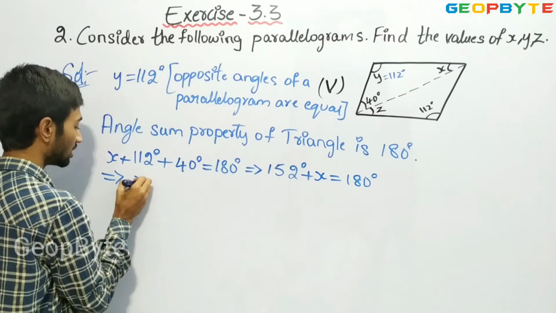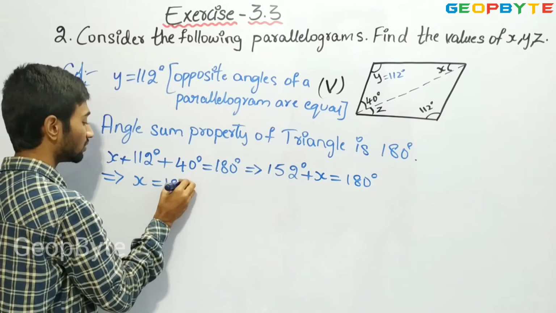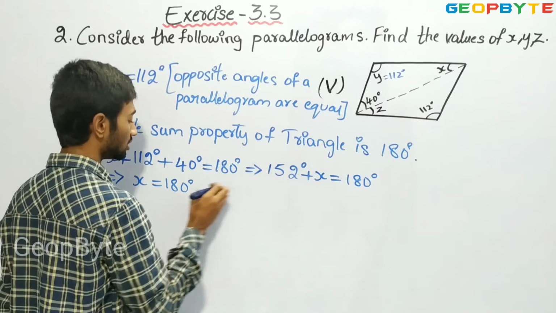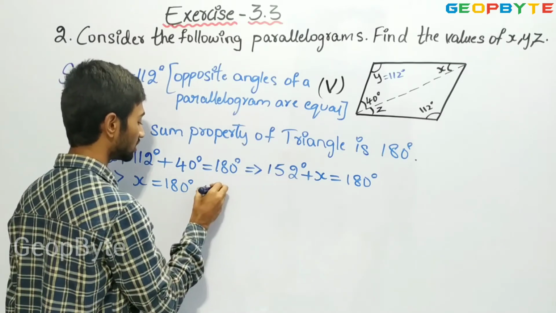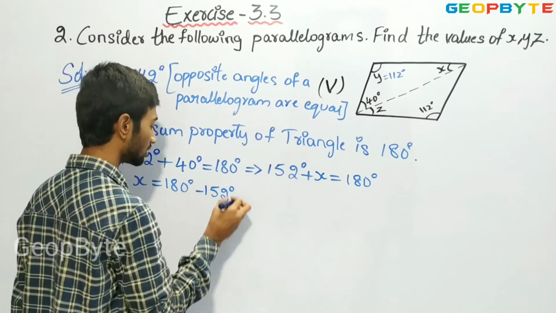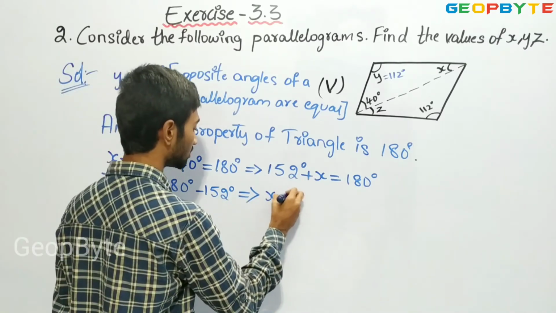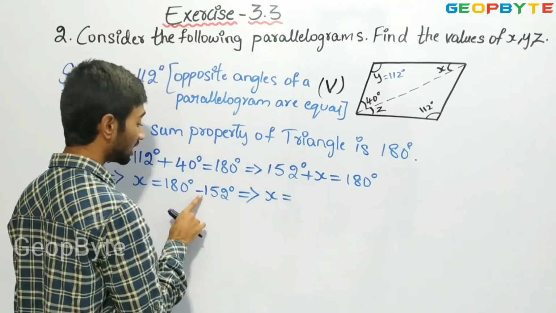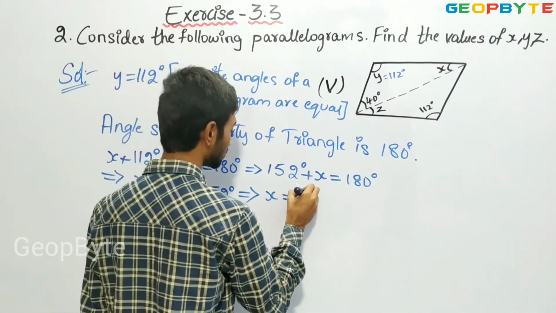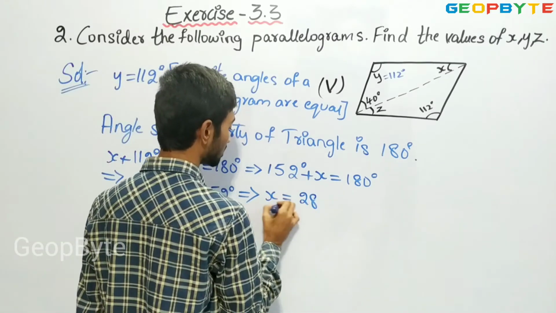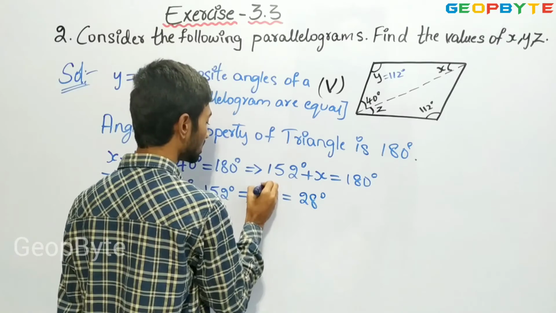That implies x equals 180 degrees minus 152 degrees, so x is equal to 28. So x equals 28 degrees.